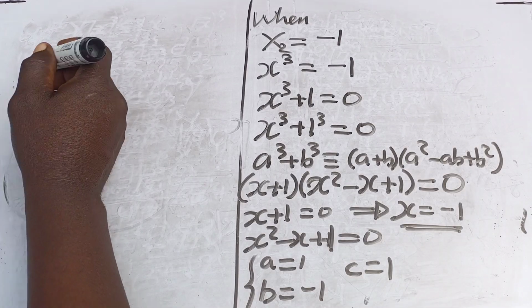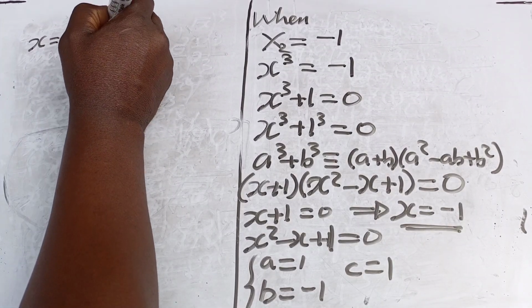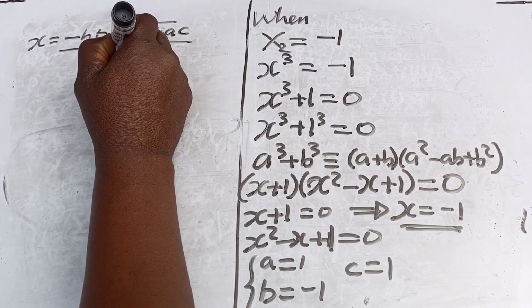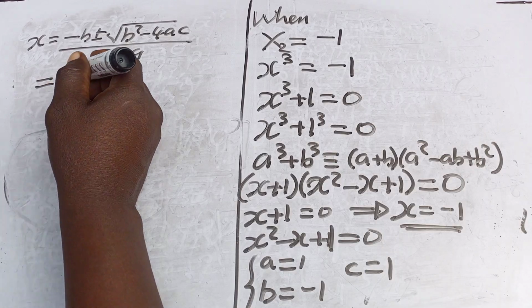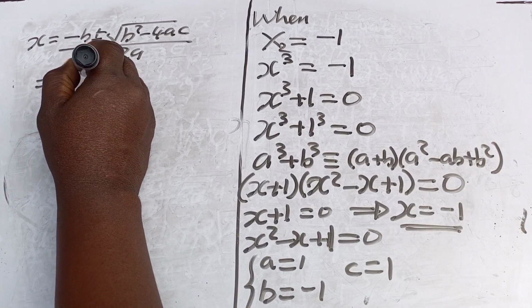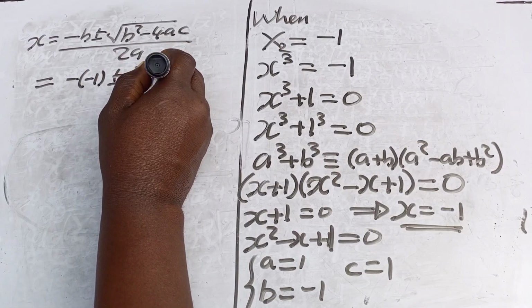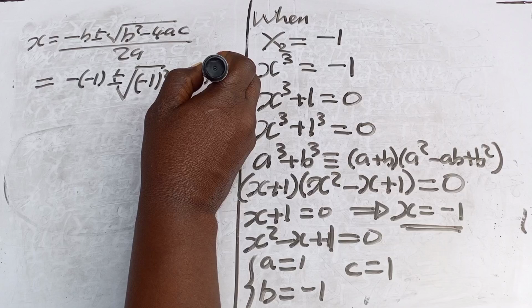In the quadratic formula, we're going to have x is equal to minus b plus minus the root of b squared minus 4ac all over 2a. Let's put in a, b, c carefully. It's -1 plus minus the root of -1 squared minus 4 into a, and then c.